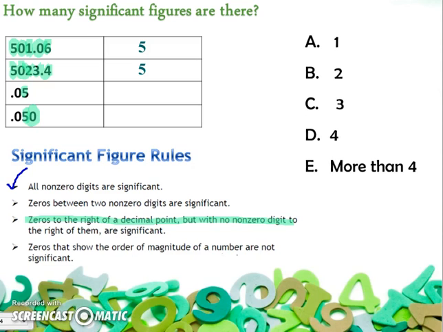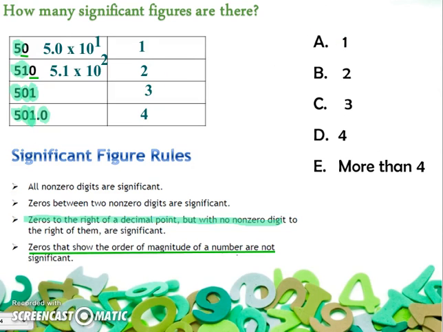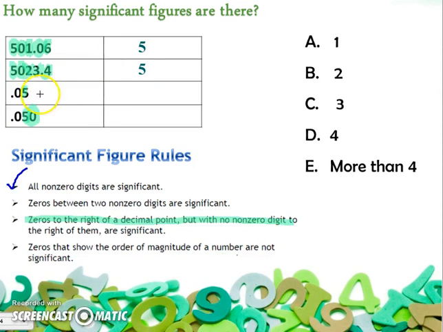so that one's going to matter. But just like we had in this case where our tens and our thousands were not significant, we're going to have an issue here with zeros after the decimal point with nothing before them. They are never going to be significant. They're going to show placeholders and really how big that number is.